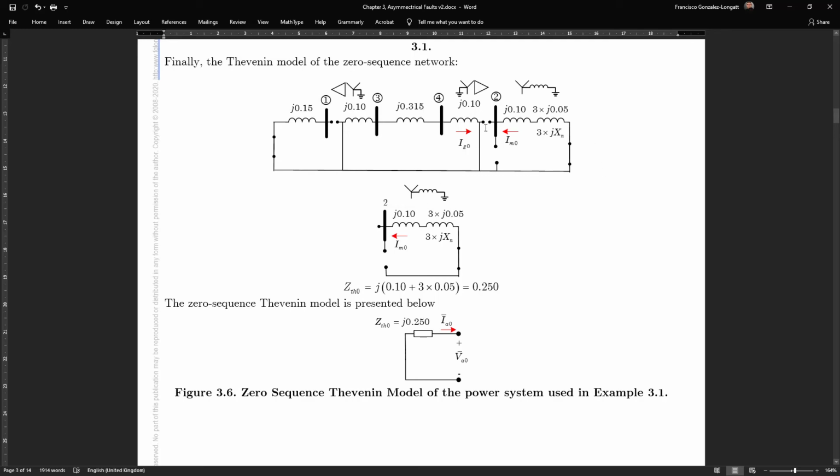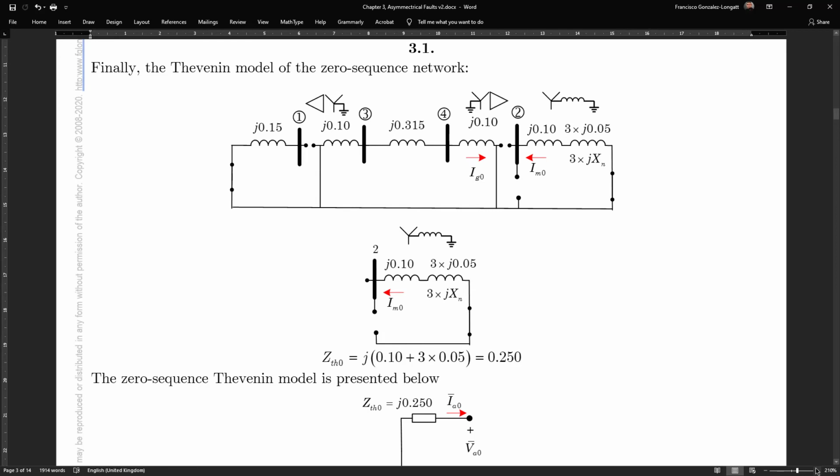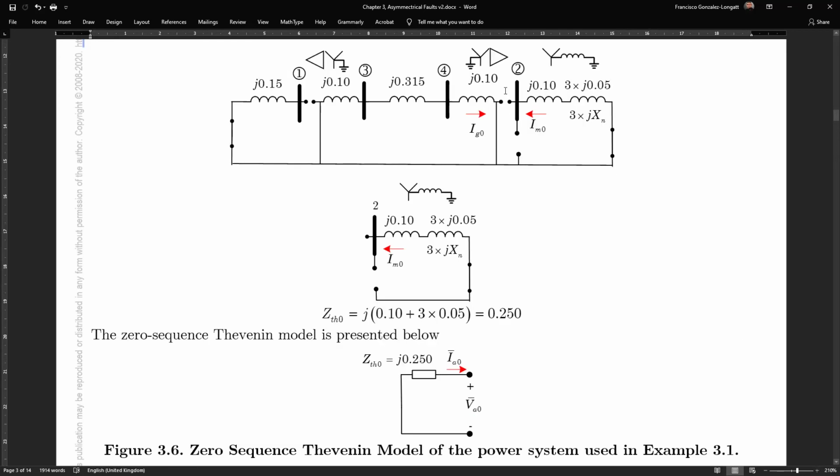But I think all of you can see my pointer here, and all of you can see that in this case, the transformer, the delta side, the low voltage side, is disconnected from the remaining components of this system. And as consequence, we can isolate the right hand side from the left hand side.